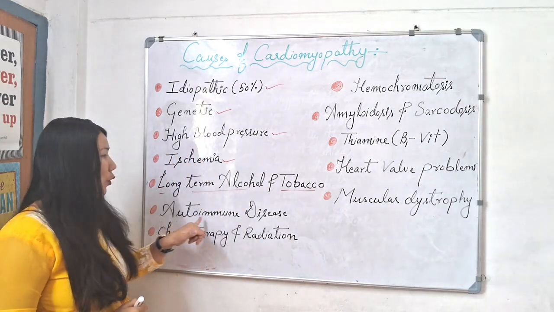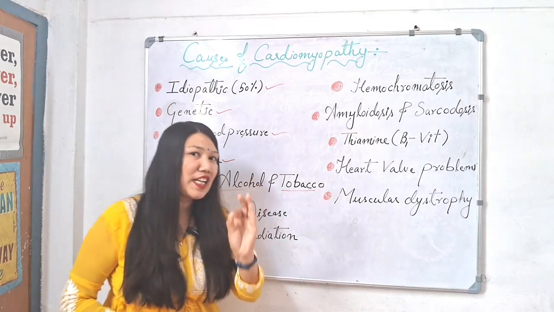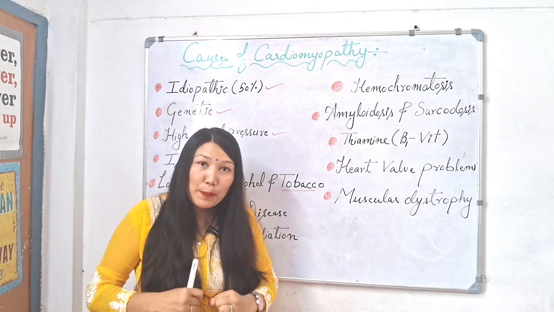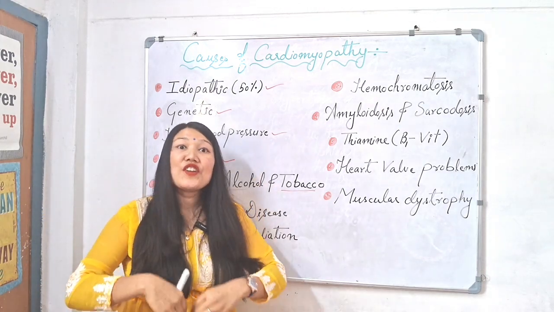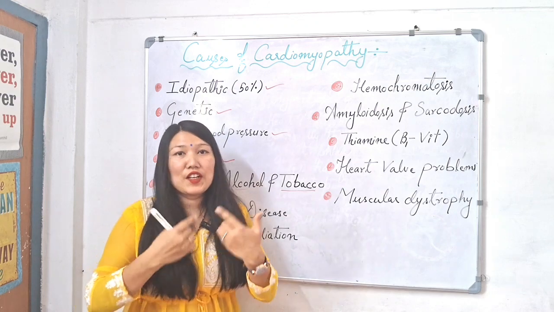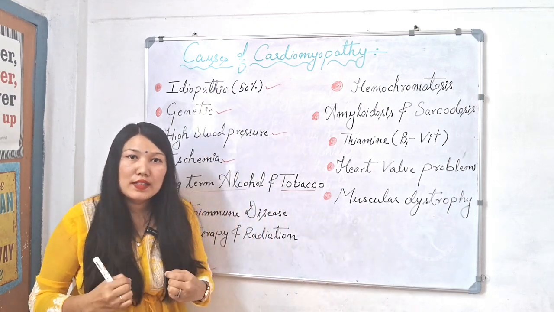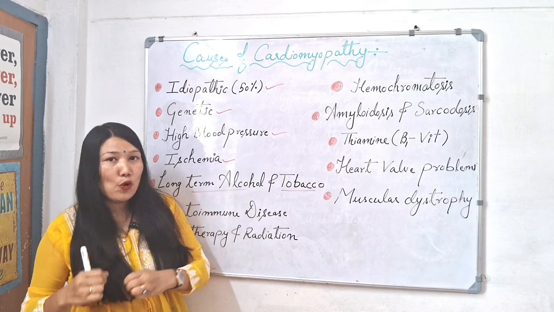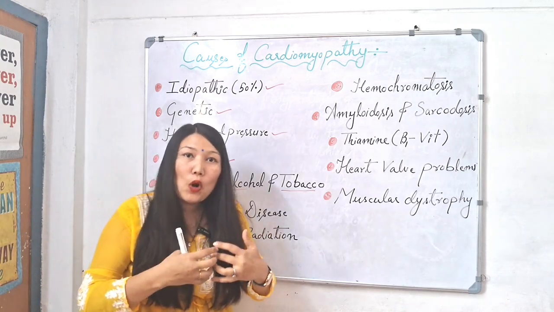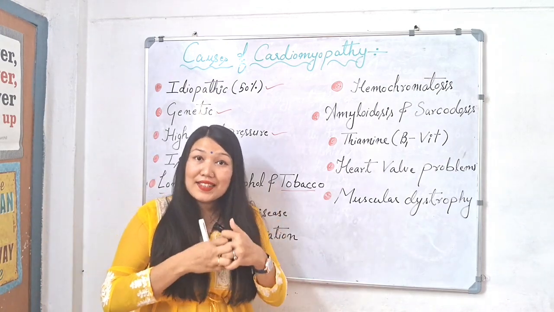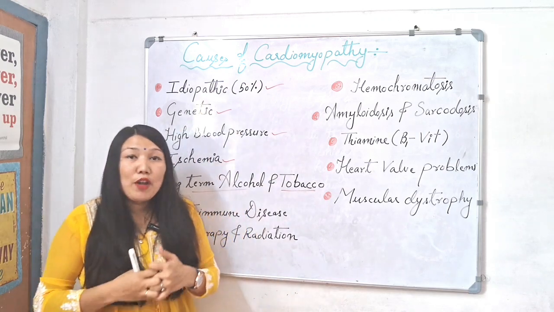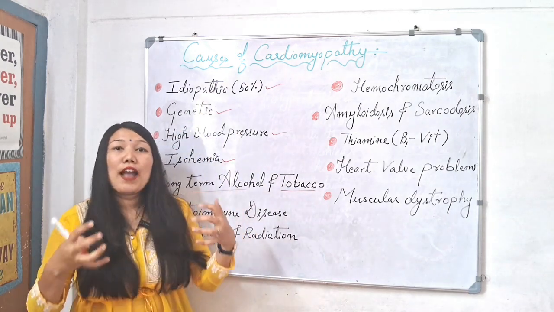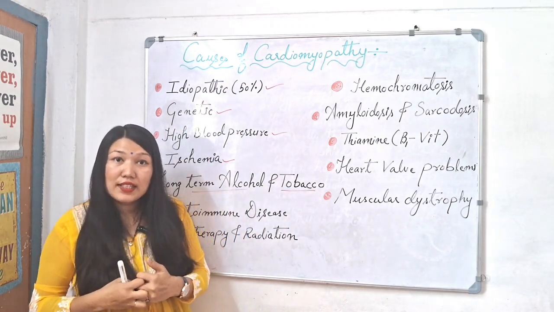Next we have autoimmune disease. Autoimmune disease means when our immune cells are triggered against our own organs. Like for our heart, if our immune cells are interacting or triggering against our cardiac cells, then what will happen? There will be inflammation and fibrosis formation in our cardiac cells.